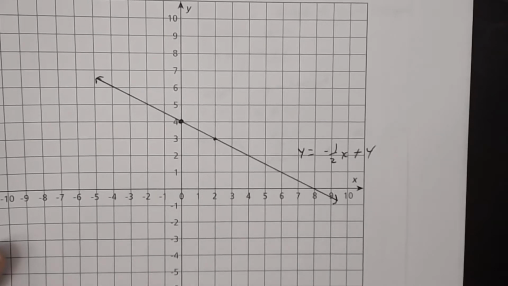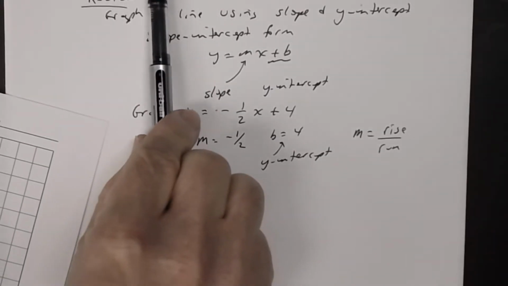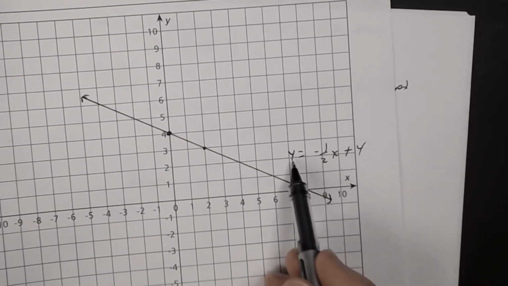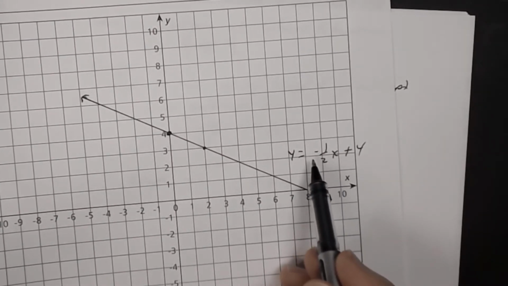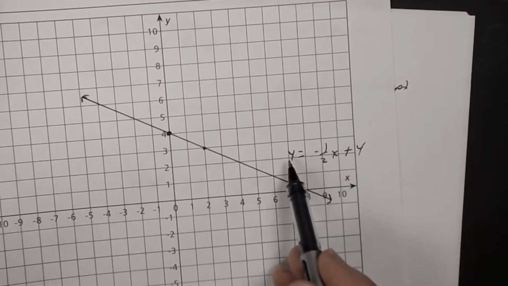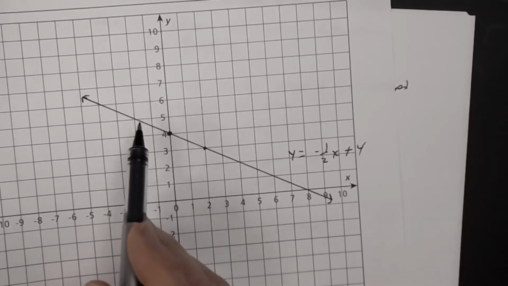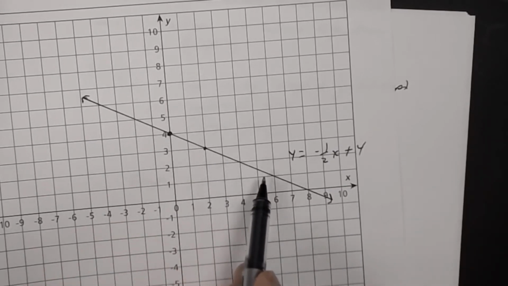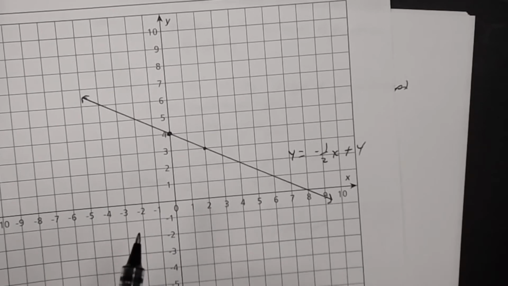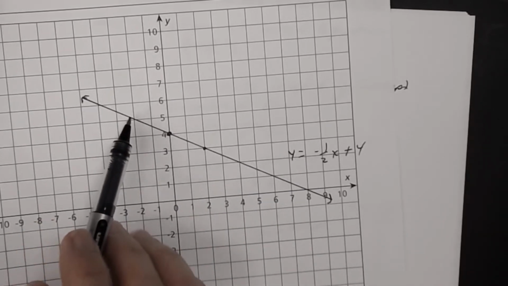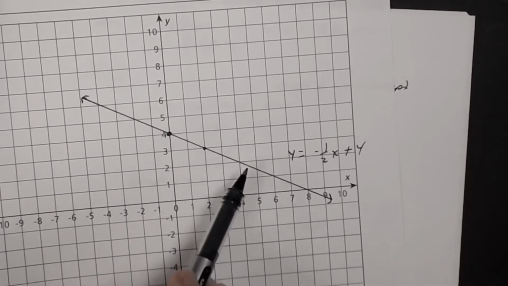Now remember, one more thing I got to remind you about before we solve a system by graphing. You have an equation here, right? And so the solution to this equation is any point on that line. So any point on that line is a solution to that equation. So if you notice, this equation has an infinite number of solutions.